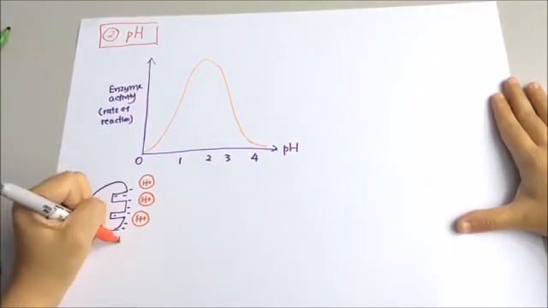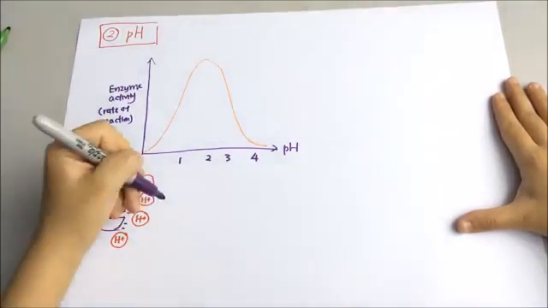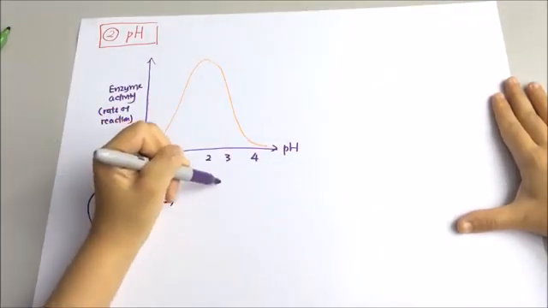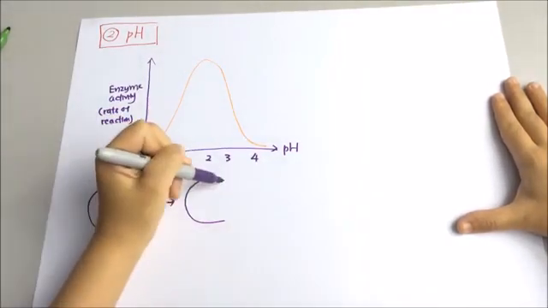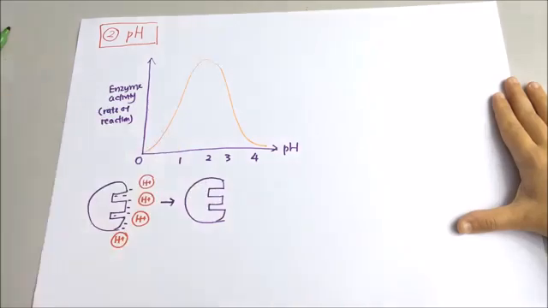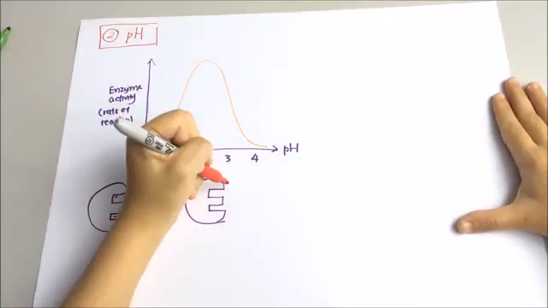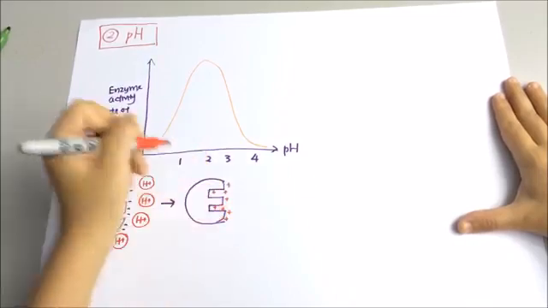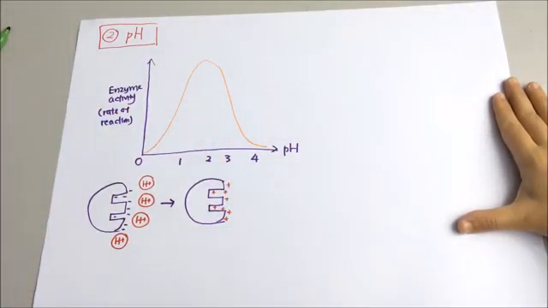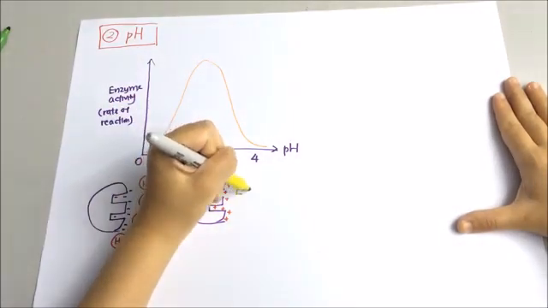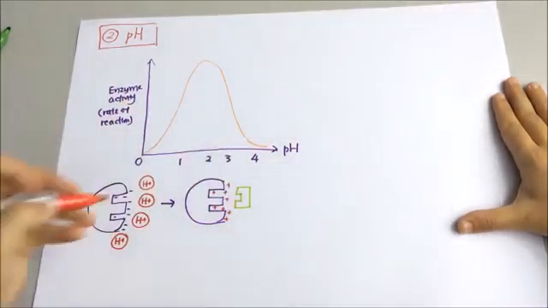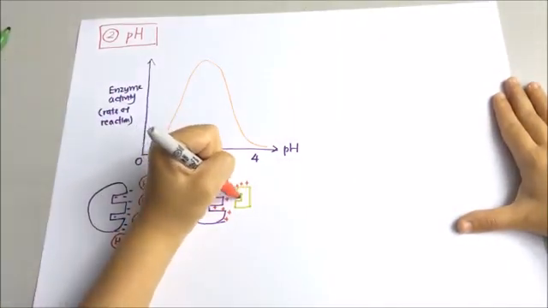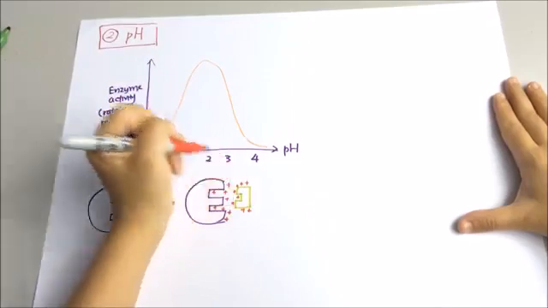Hydrogen ions are charged, therefore this will cause changes of the charges on the surface of the active site of the enzyme. So you can see that initially the active site is negatively charged, now it has become positively charged.